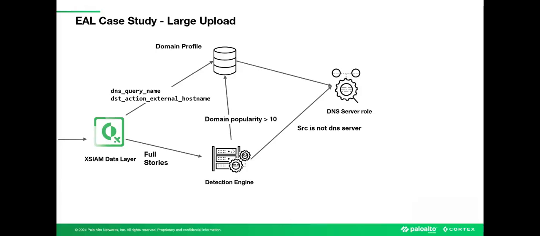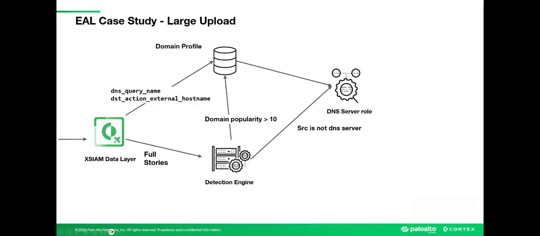So based on the dynamic profiles, as I mentioned before, right, it will determine the popularity. So how common is a DNS query to this domain? Is this done by other entities, other hosts, or not? And because of the entity classification, right, it may distinguish between a regular workstation and a DNS server.